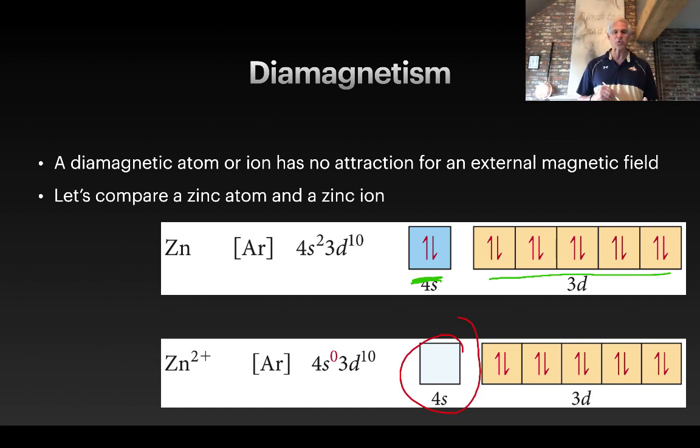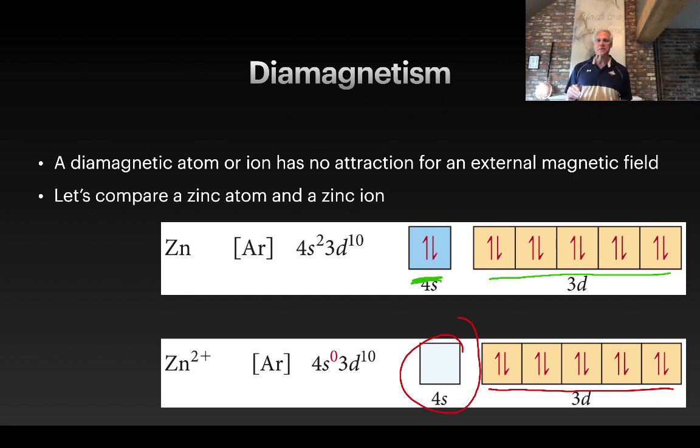We formed a zinc 2+ ion by taking away 2 electrons from a zinc atom, and you'll notice that we've got all pairs in the 3d, so it's still a 3d10. When we're writing our electron configurations, we fill in the 3d electrons after we fill in the 4s. But when we are taking electrons out, we always take them out of the highest n level first, that highest principal quantum number first.